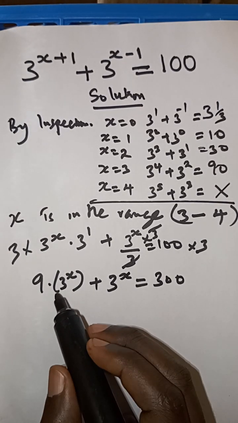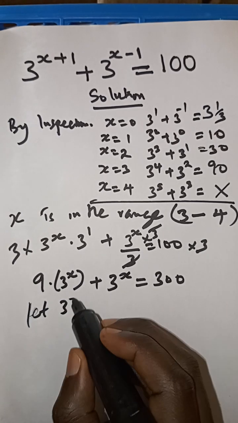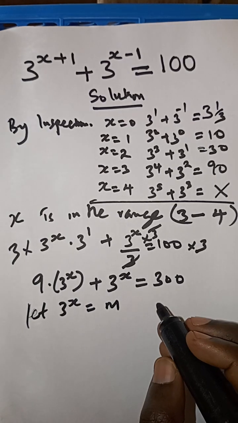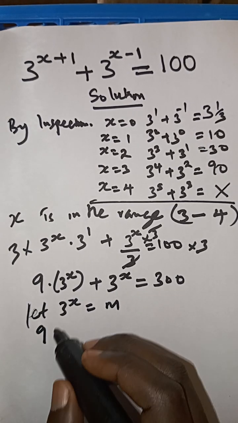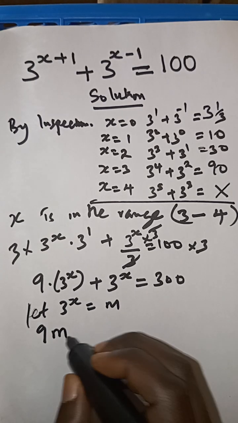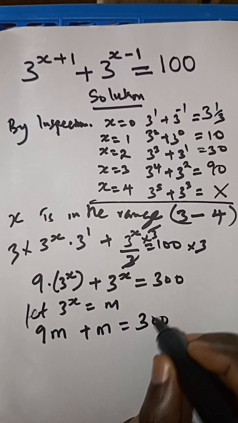Of course, I'm going to let 3 to the power x be any letter. I'm going to call it m, so that I'm going to have 9m plus, of course, m should be equal to 300.